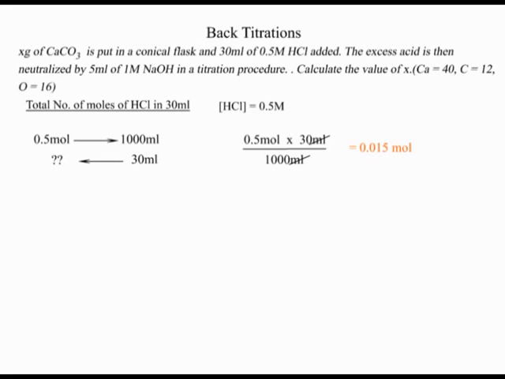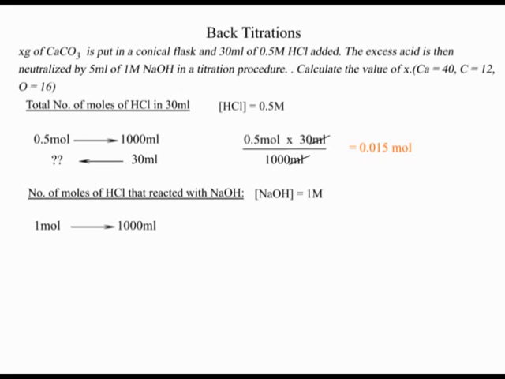Next, we find the number of moles that reacted with sodium hydroxide. These are the number of moles that remained after reaction with calcium carbonate. We can find that by knowing how many moles of sodium hydroxide reacted. We know the concentration of sodium hydroxide is 1 molar, and we also know that 5 milliliters of that had been used.